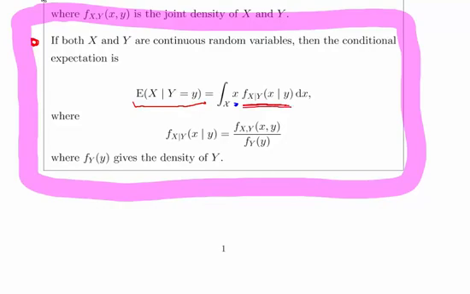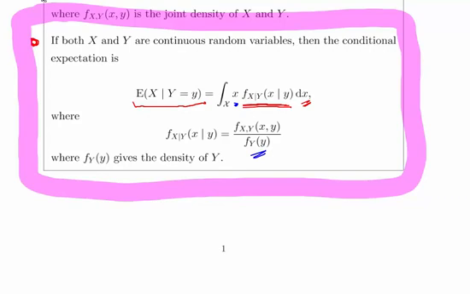The conditional density, furthermore, can be expressed as the joint density function divided by the marginal density function of y. So it's x given y, and down here we have the marginal density of y. That's an important place to start.